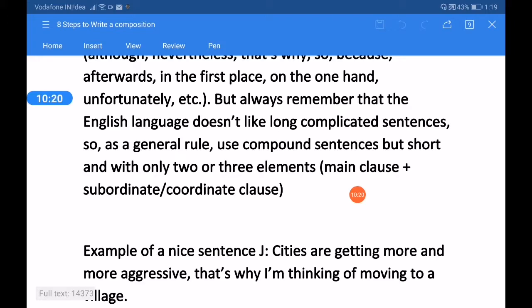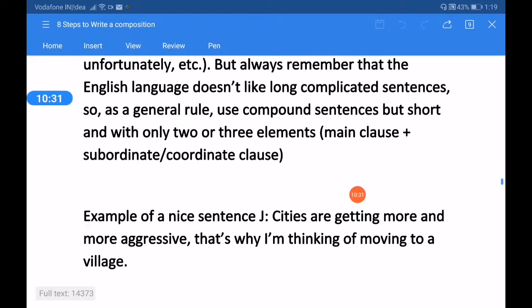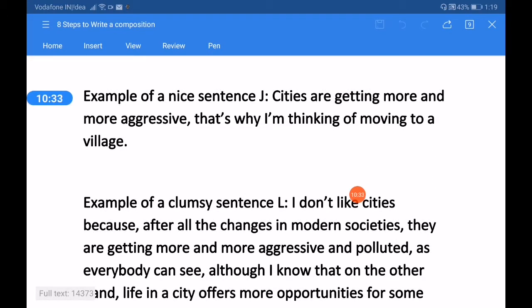So as a general rule, use compound sentences but short and with only two or three elements: main clause plus subordinate or coordinate clause. An example of a nice sentence is: "Cities are getting more and more aggressive, that's why I am thinking of moving to a village." So this is a good example of a sentence.